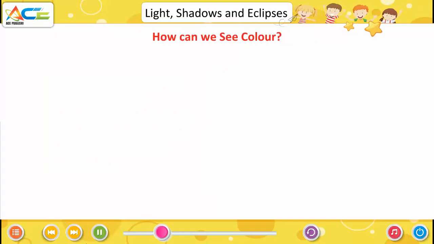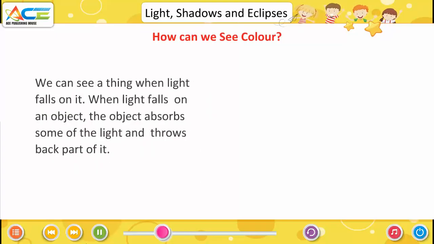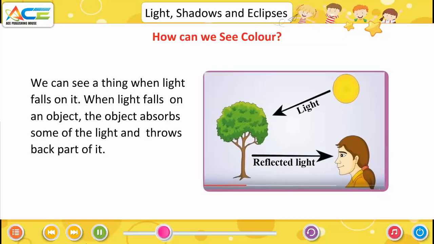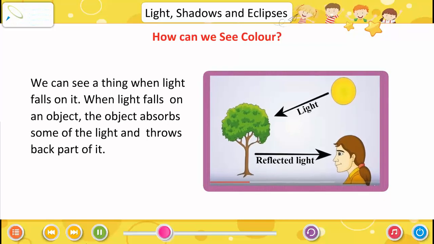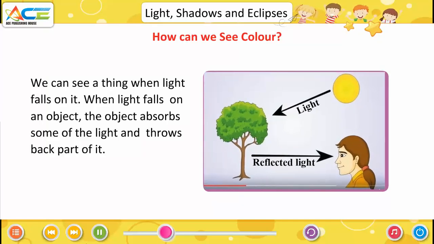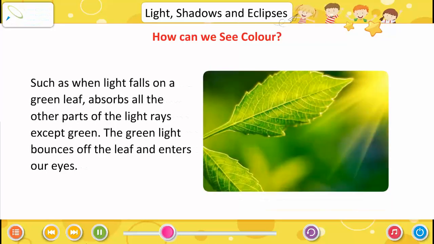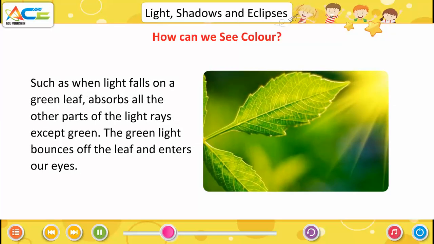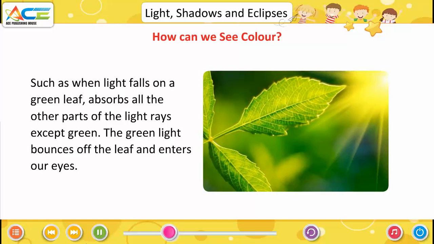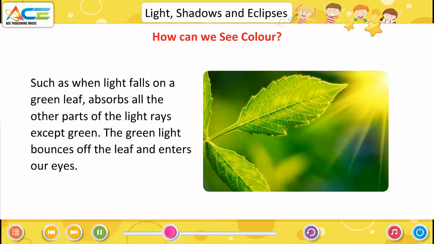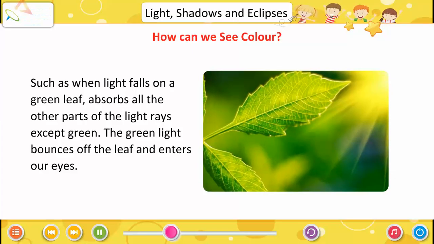How can we see color? We can see a thing when light falls on it. When the light falls on an object, the object absorbs some of the light and throws back part of it. Such as when light falls on a green leaf, it absorbs all the other parts of the light rays except green.